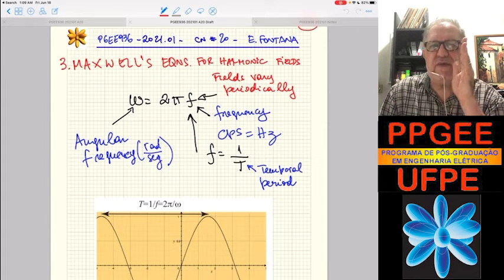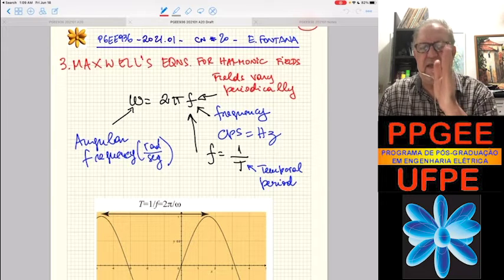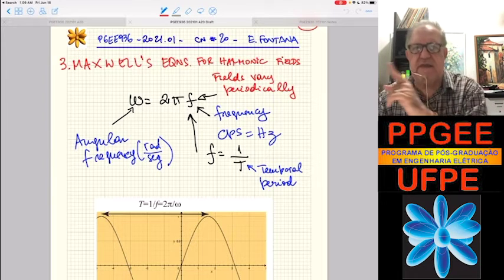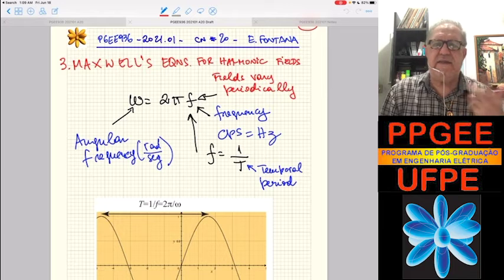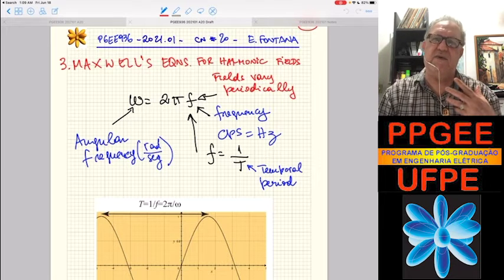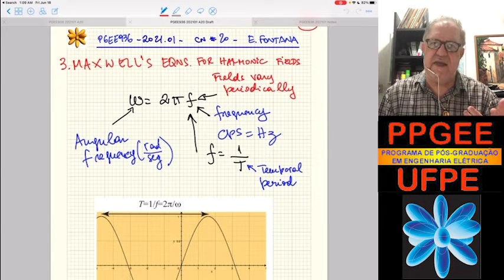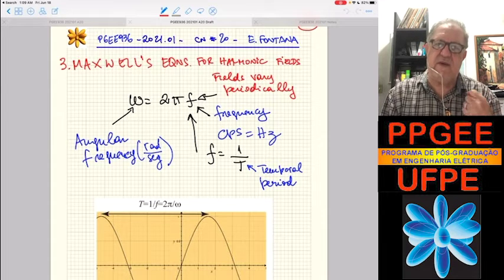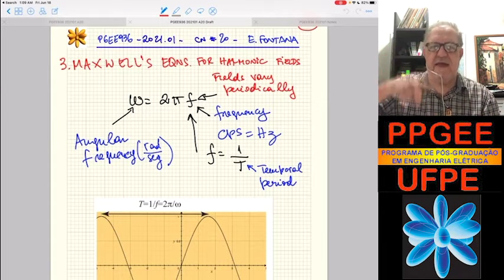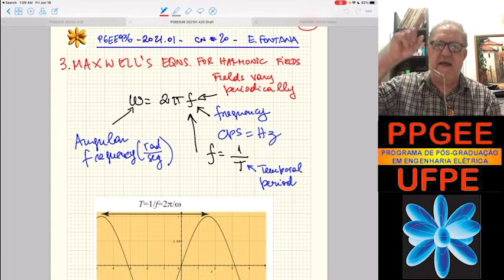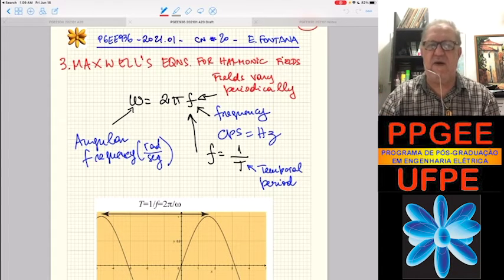But even so, we have to determine the behavior of the device for a given frequency and how that behavior changes with frequency. So it's important to study Maxwell's equations in the harmonic regime, in which the frequency is well known. The time change is a periodic function with a well-behaved behavior. Okay, so let's look into that.